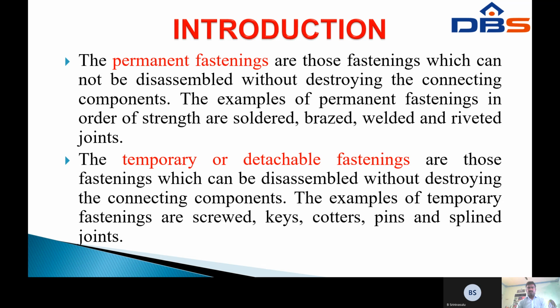Examples of temporary fastenings are screws, keys, cotters, pins, and splined joints. This is the main difference between permanent and temporary fastenings.